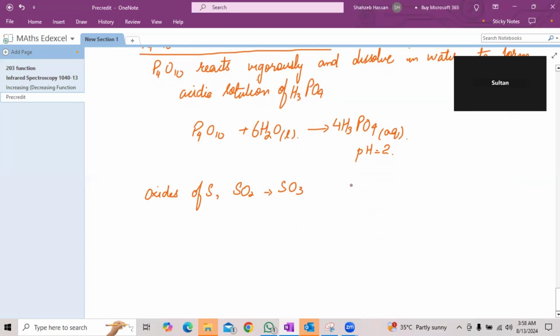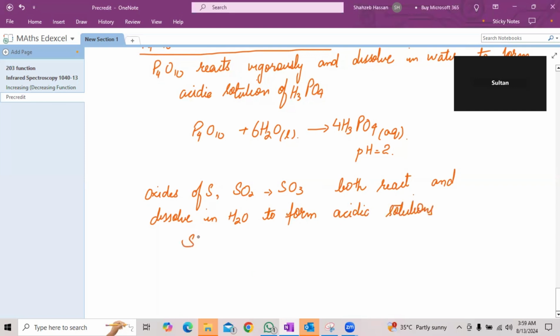Both react and dissolve in water to form acidic solutions.